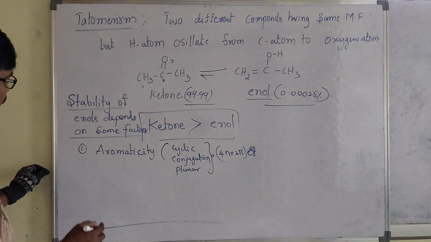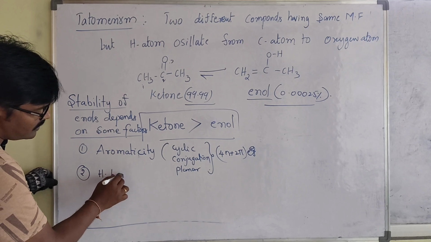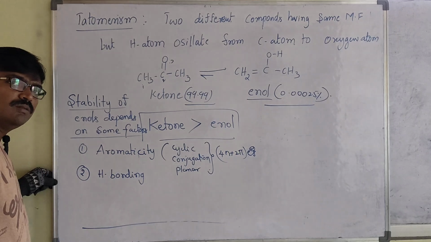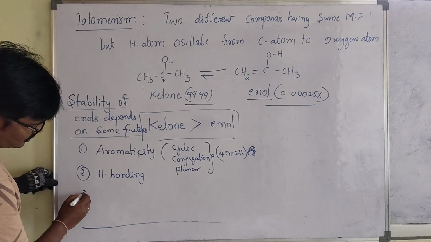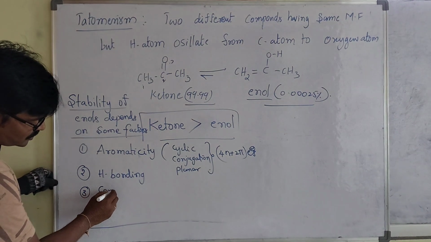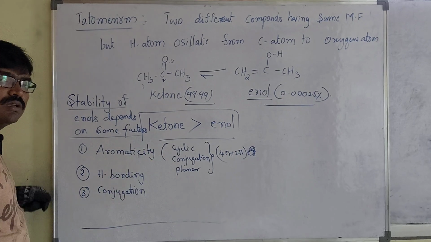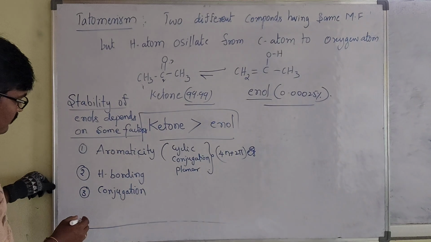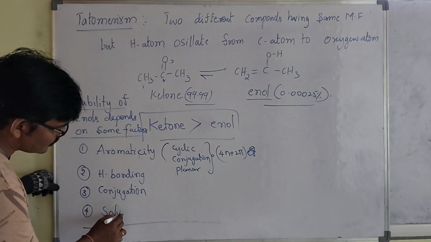Next, second, I told, the hydrogen bonding. Wherever hydrogen bonding is possible, in that case also the enol is more stable, though compared to aromaticity it is less stable. The next, third one, conjugation, is also more stable. One more factor that affects it depends upon the solvent also.